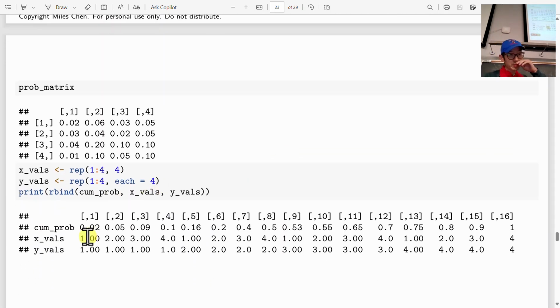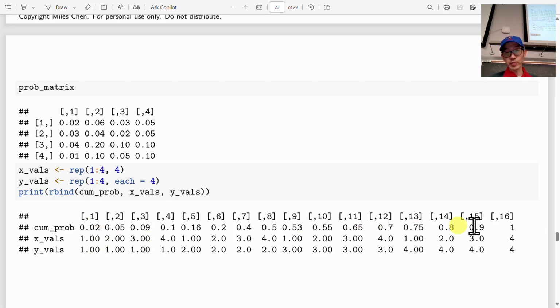I'll create a vector of x values that go 1, 2, 3, 4, 1, 2, 3, 4, 1, 2, 3, 4, and y values where I repeat each one: 1, 1, 1, 1, 2, 2, 2, 2, and so on. This corresponds to all of these things.